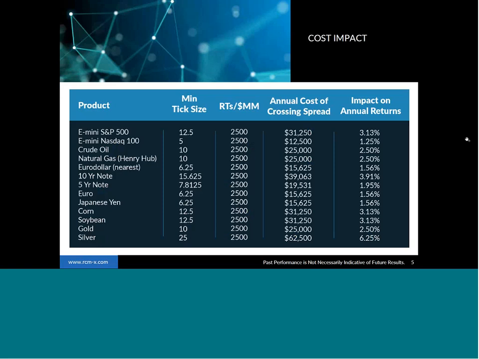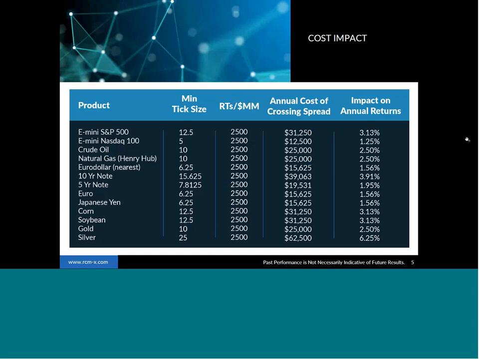So when thinking about why you might use an execution algorithm, one thing to think about is the cost of trading and its impact on your strategy's returns. This is a simple calculation that we've made on a bunch of popularly traded products and what their tick size is, and if you're running a CTA that has a certain amount of turnover, in this example, if you're doing 2,500 round turns per million, that is an easy calculation to imply the average annual cost from crossing the spread.